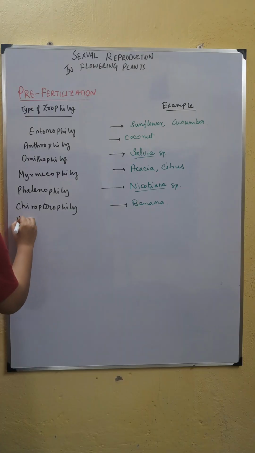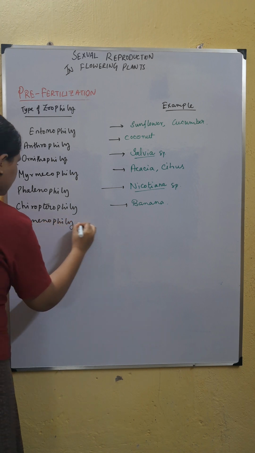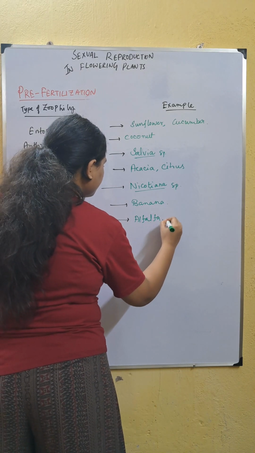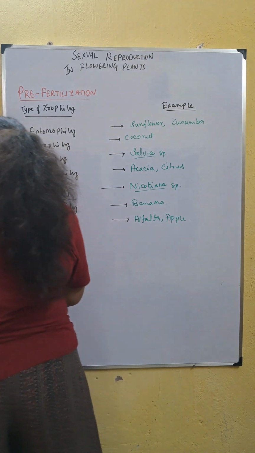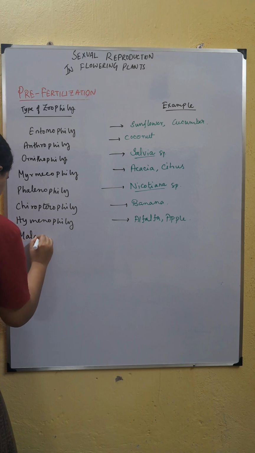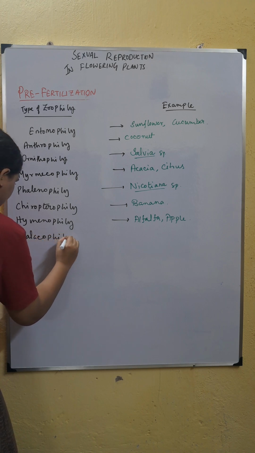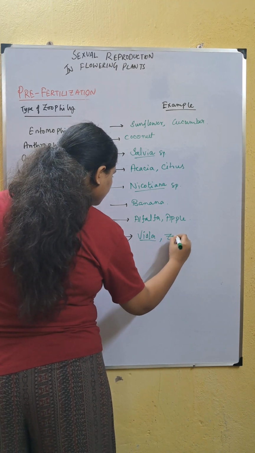In hymenophily is the pollination by bees. Malacophily is the pollination by snails, seen in Ella plant and Zostera plant.